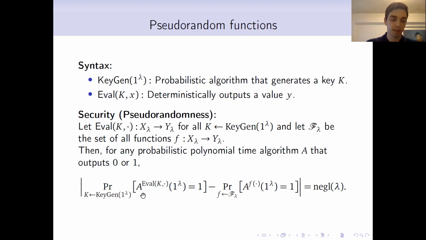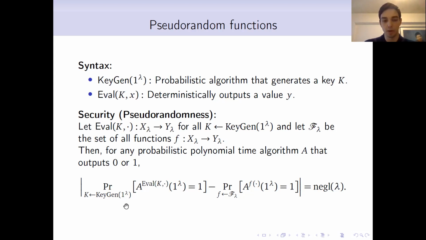In the first, A has oracle access to the evaluation algorithm with the key k that is generated according to the key generation algorithm. And in the second experiment, A has oracle access to a function f, which is uniformly sampled from the set of all functions.